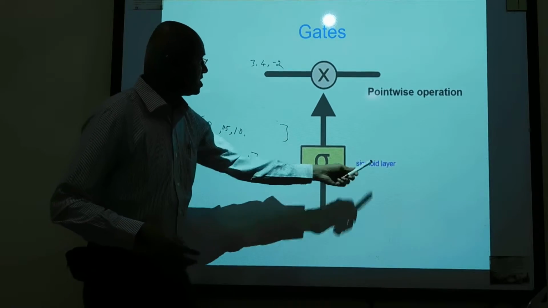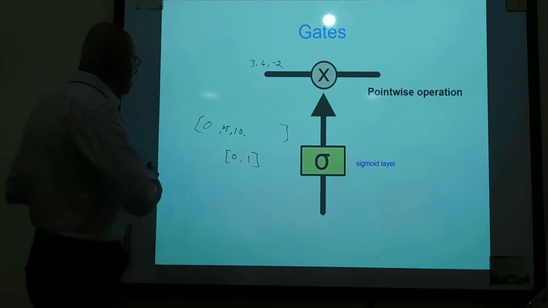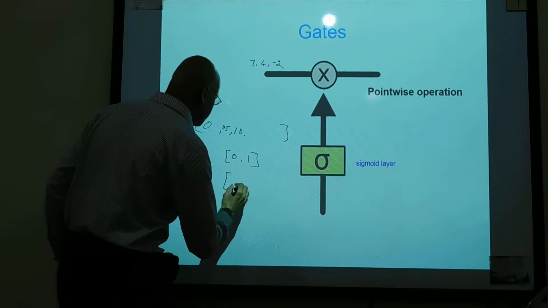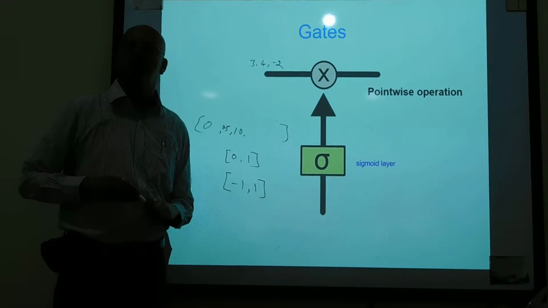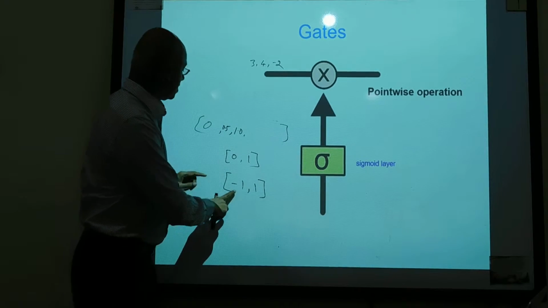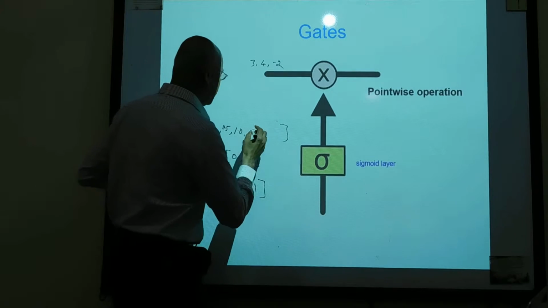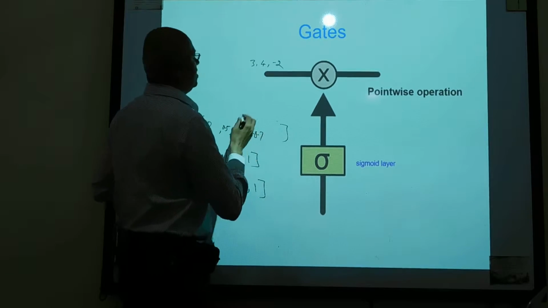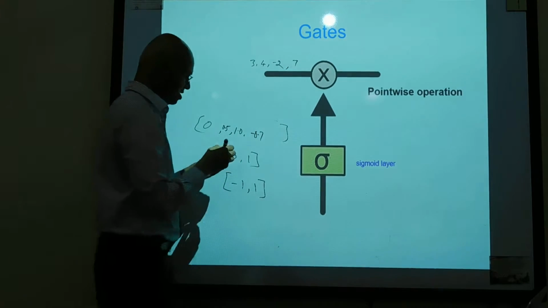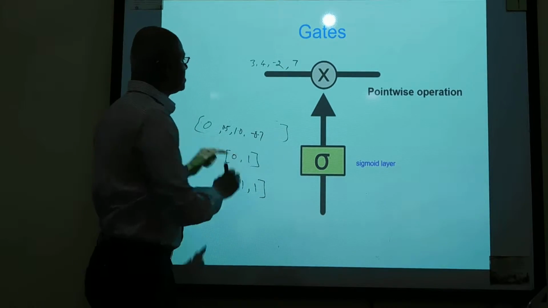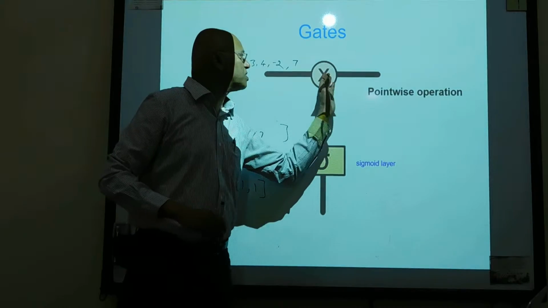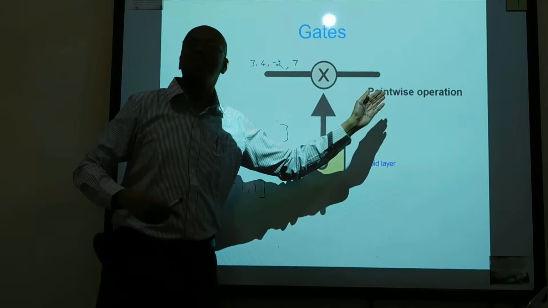Here, if we use the sigmoid, it is the logistic function. If you use the tanh function, the output could be in the range -1 to +1. What is the meaning of the -1? Suppose the fourth number is -0.7 and this number is, let's say, 7. When you multiply 7 by -0.7, the output that goes through here is a negative number.